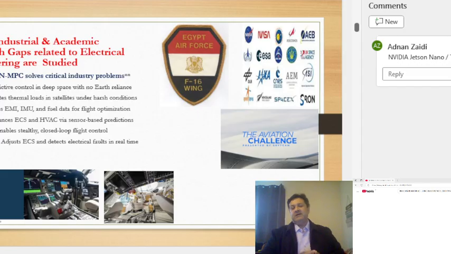These are industrial and academic research gaps related to electrical engineering which are studied, but there are also issues with military-grade precision in fault tolerance. For example, Northrop Grumman's system adapts to wind or altitude with real-time thrust control, and when the system adapts to wind or altitude, there are issues with real-time thrust control. For Raytheon, the issue is filtering radar jam data using physics constraints.